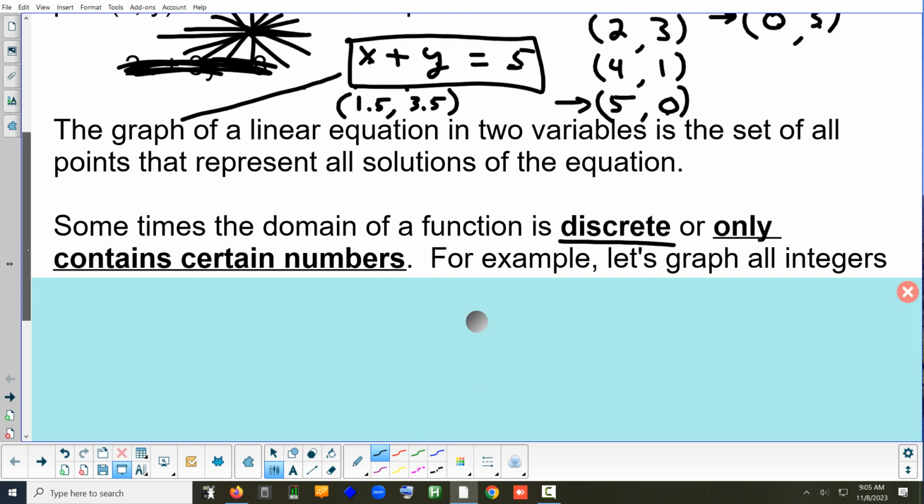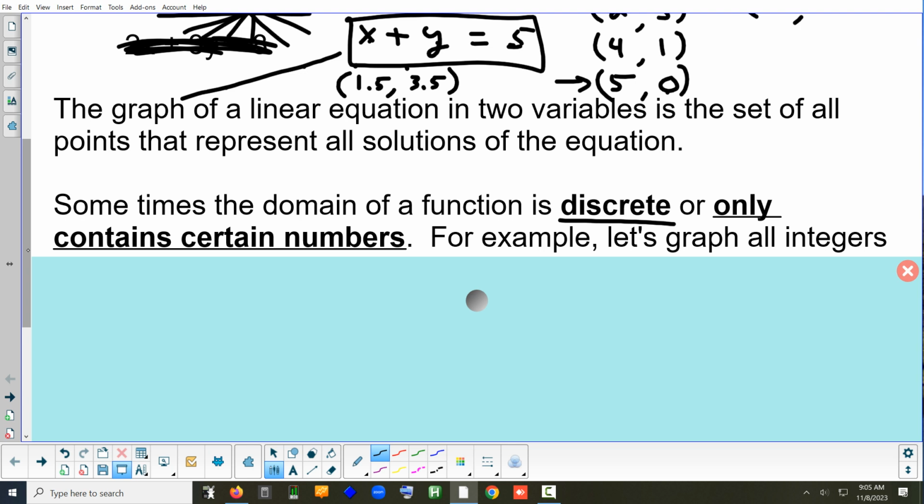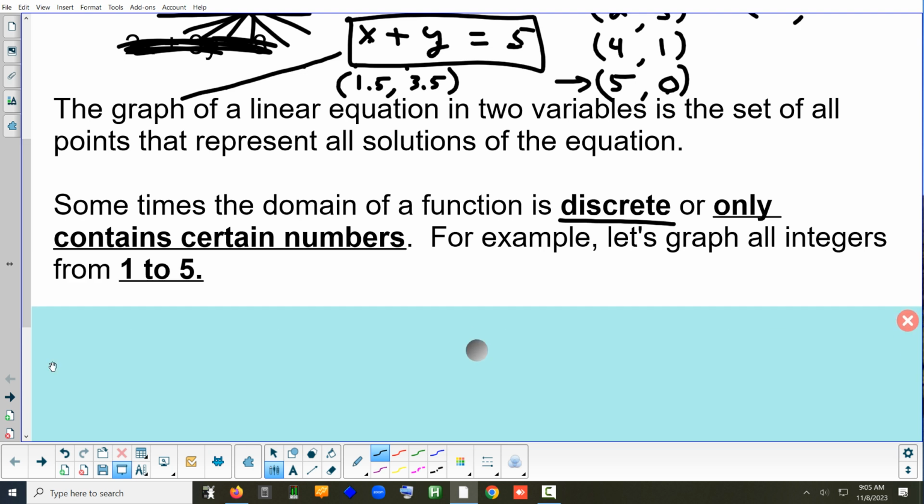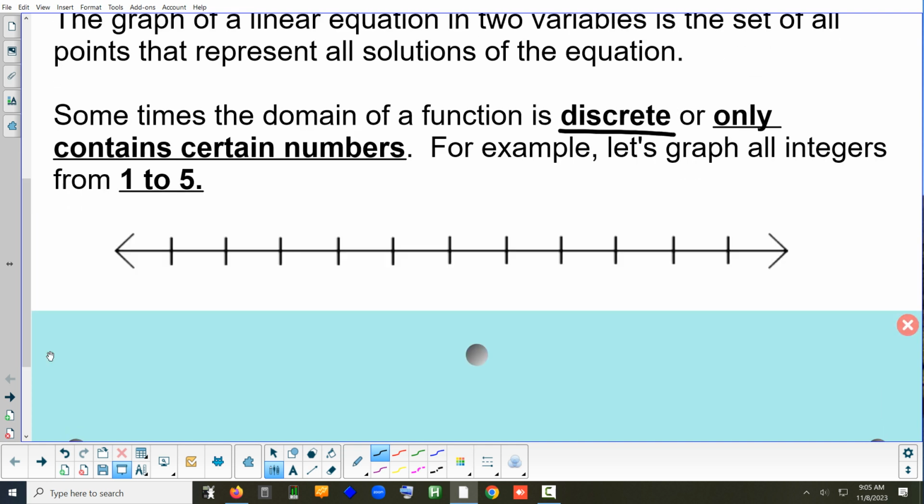Okay, so now let's do a graph. It says we're going to graph all integers from 1 to 5 on a number line. Okay, so you guys have a number line. Let's just number it. When we talk about integers, we don't include fractions or decimals.